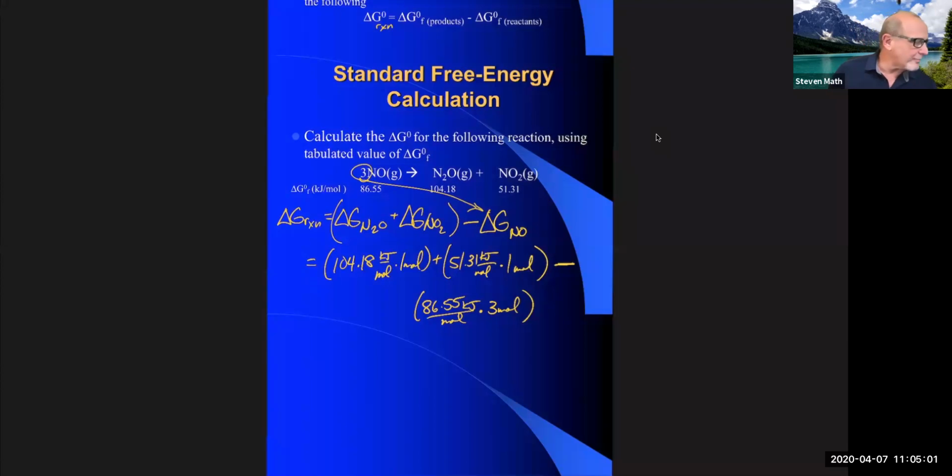If I crunch them, put these in, I'm going to get a negative 104.16 kilojoules per mole is delta G. And we've got a spontaneous reaction.